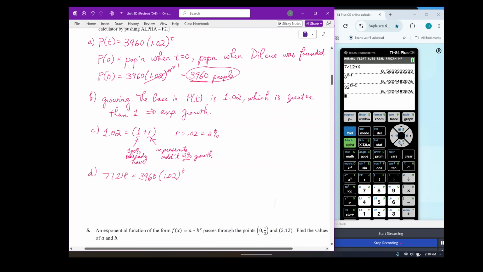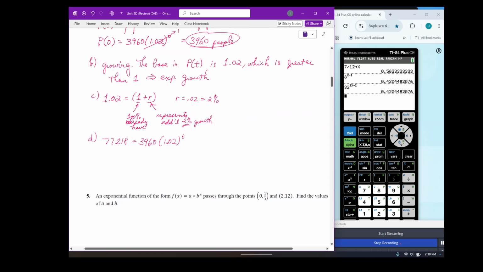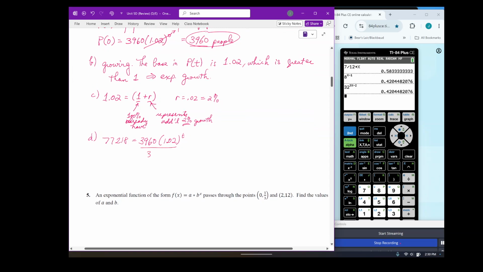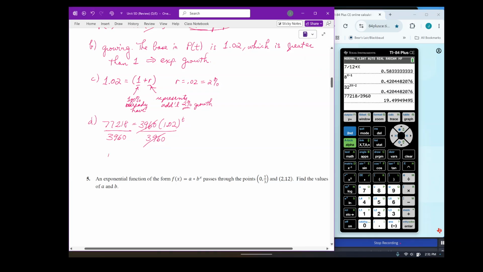So let's see, we've got to isolate the 1.02 to the t to get it into a basic exponential form. So we'll divide both sides by 3960. And then this will turn into 77,218 divided by 3960, so about 19.5.